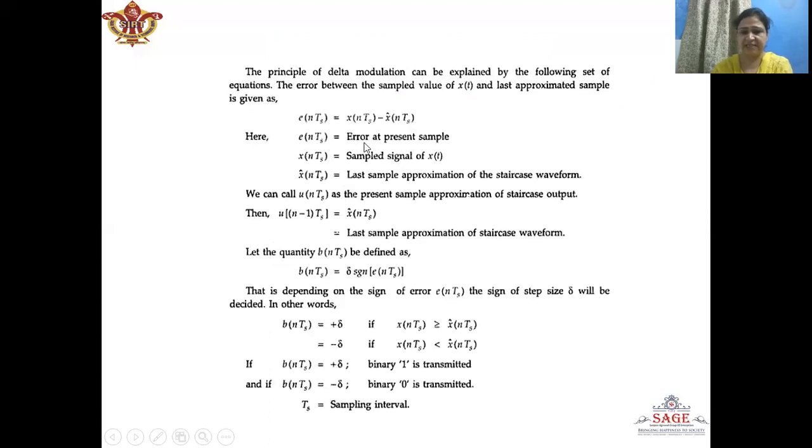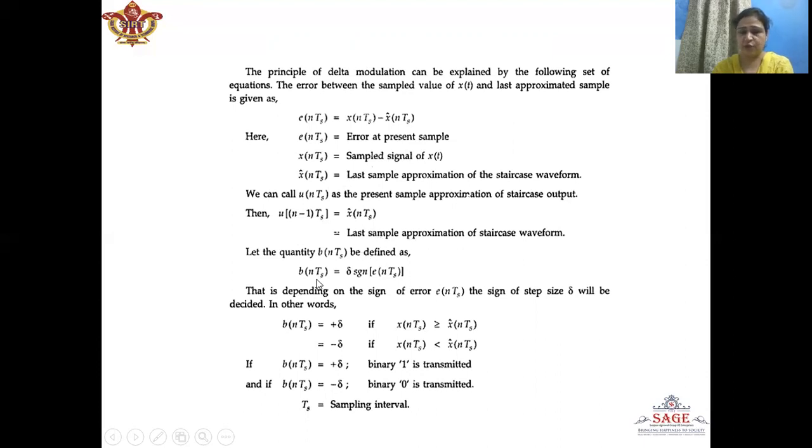Now here we can see some equations which are given in the transmitter block diagram. e(nTs) is given by x(nTs) minus x cap(nTs), as shown in the block diagram. x(nTs) is the present sampled input, and x cap(nTs) is the previous sample approximation. u((n-1)Ts) is the same as x cap(nTs), which is the last sample approximation.